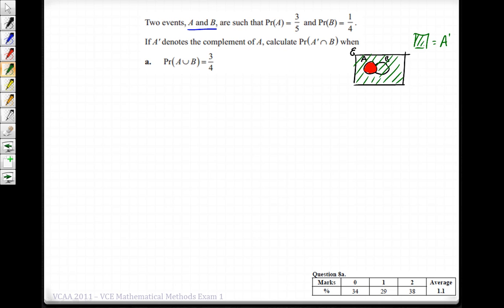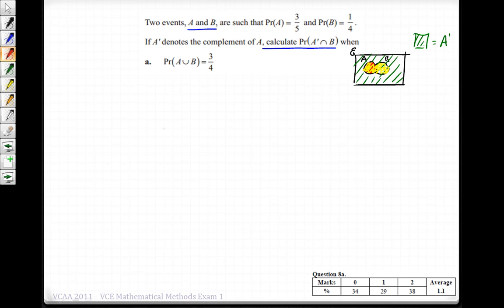Alright, so it says calculate this guy when the probability of A union B equals 3/4. So A union B is the whole A and B put together, so including that middle bit. And the issue is that when we add the probabilities together, we count that chunk twice, if that makes sense.